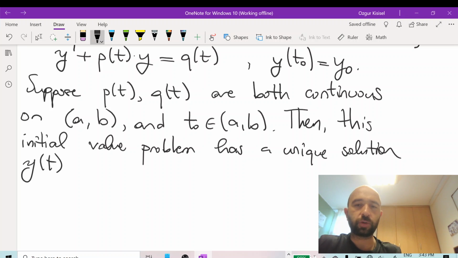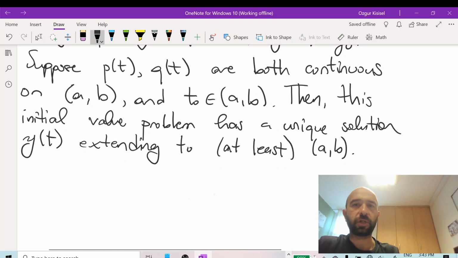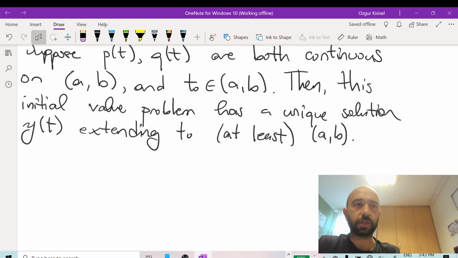That is correct, it has a unique solution, and that solution extends all the way to this interval (a, b) at least. If you are very lucky, it could extend even more, but usually not.